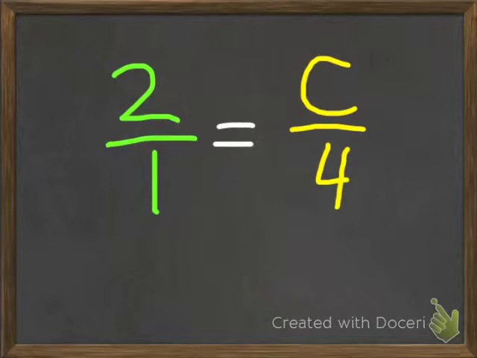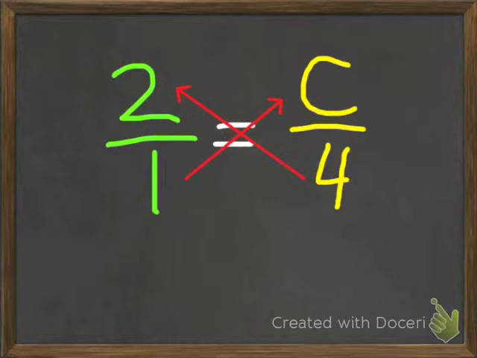So here we have our proportion. We have 2 over 1 is equal to C over 4. So remember yesterday, the first thing that we do once we have our proportion is we need to cross multiply. Okay? The nice thing that I like about cross multiplying is when you draw your arrows, it tells you what you're doing.